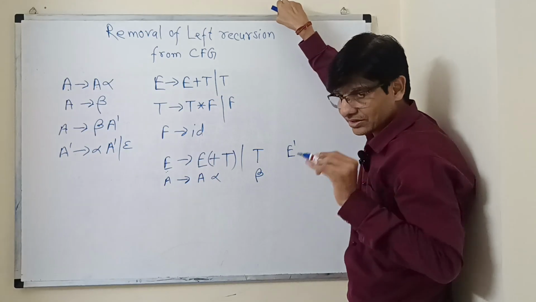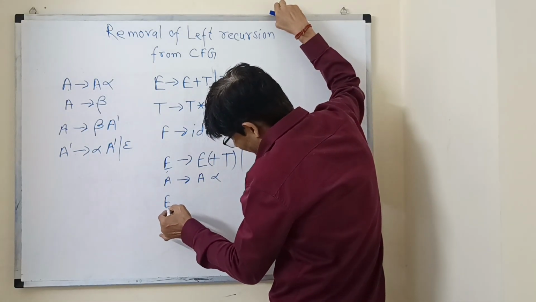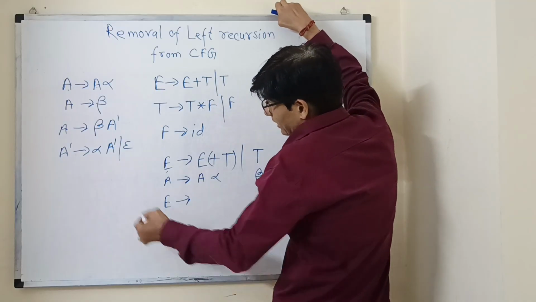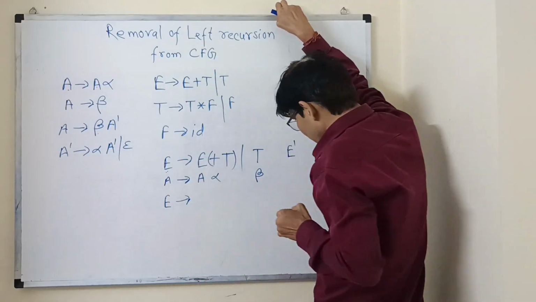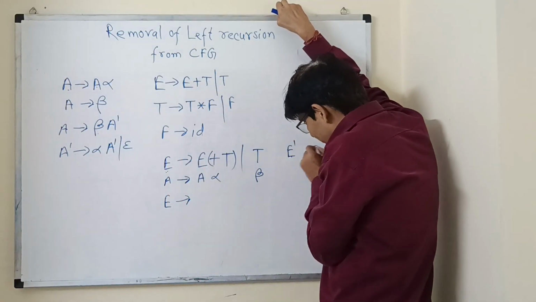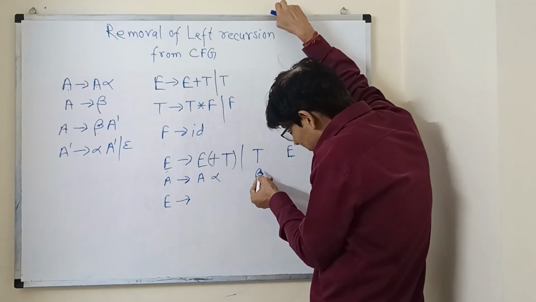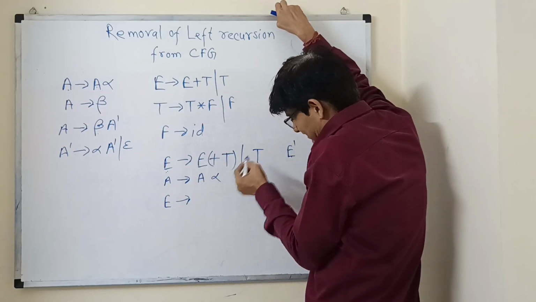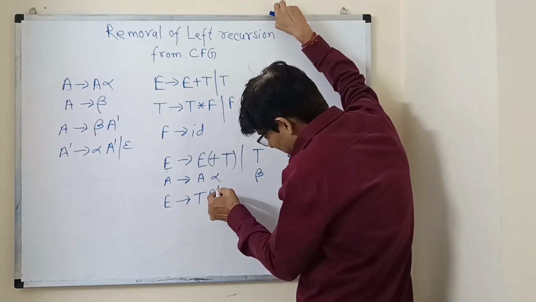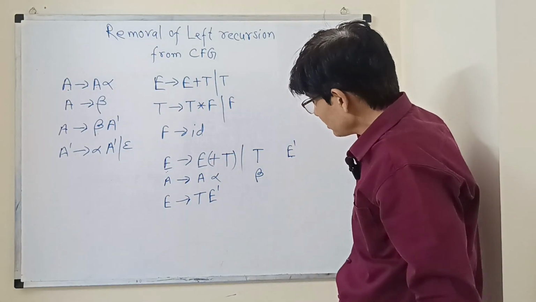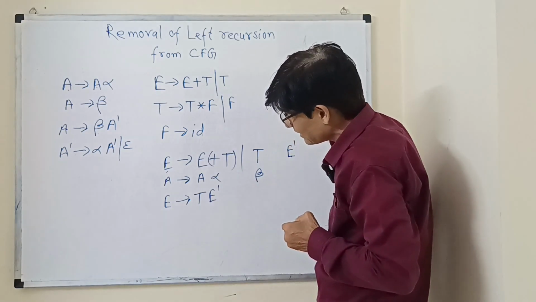The production of E will be A gives beta A dash, so E gives beta E dash. Beta is T, so E gives T E dash. There is only one beta, so I will write only one production of E here.